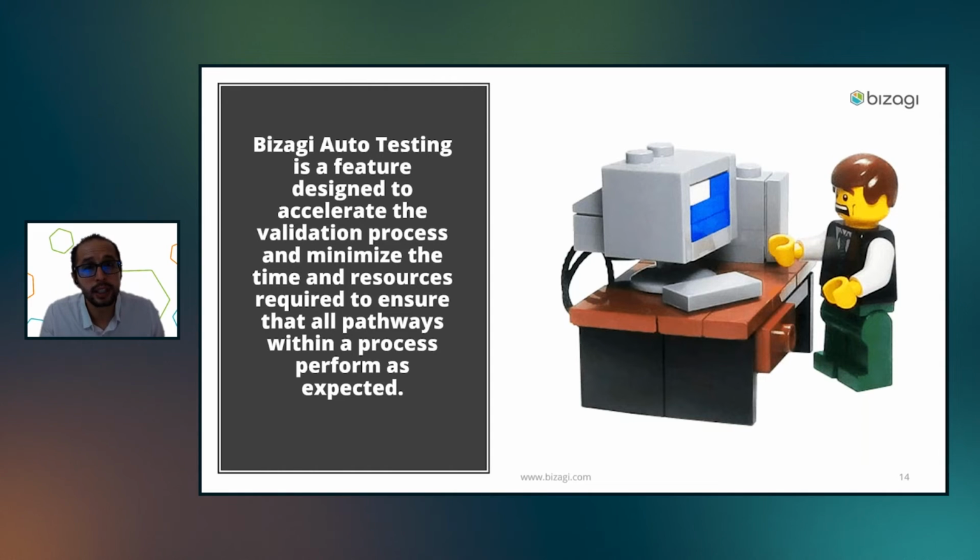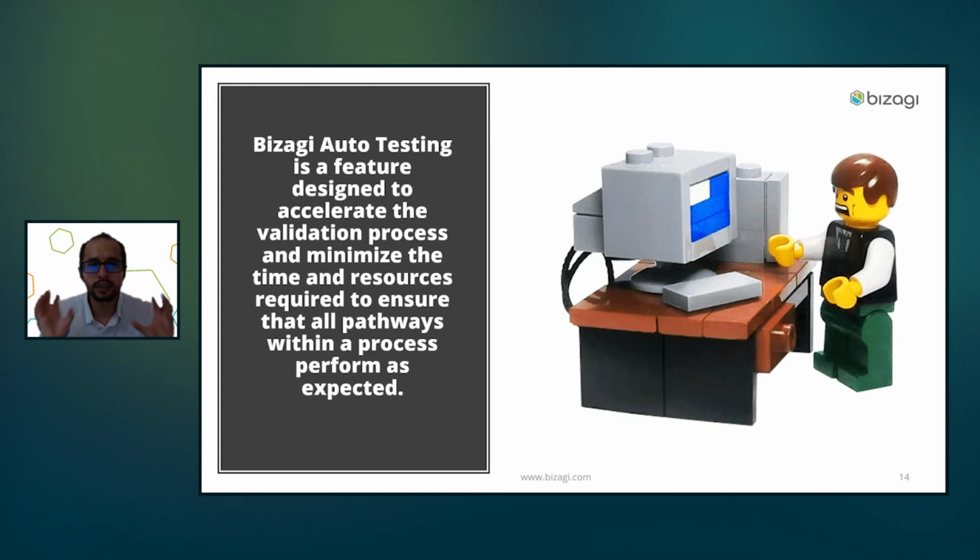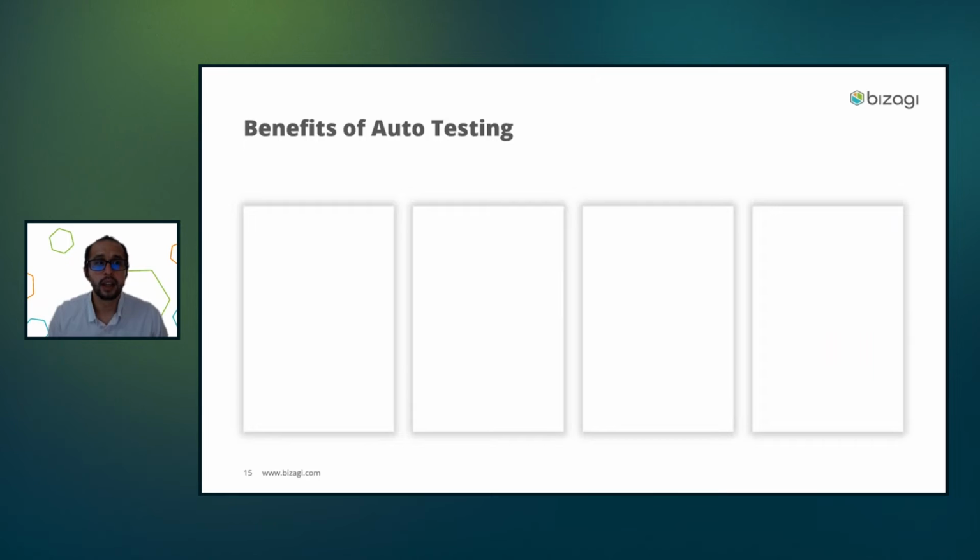I want to be sure that the data follows the business rules that I have defined, that the calculations are working as expected, and that every single piece of logic I have put in place within that process actually works and follows every detail that I have defined. So that's where Bizagi Auto Testing will take place for you, right?